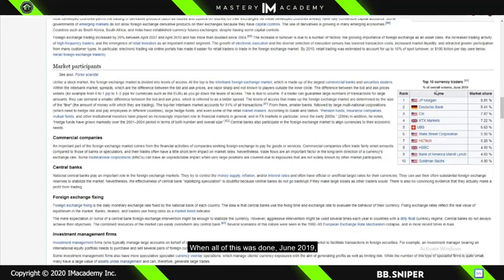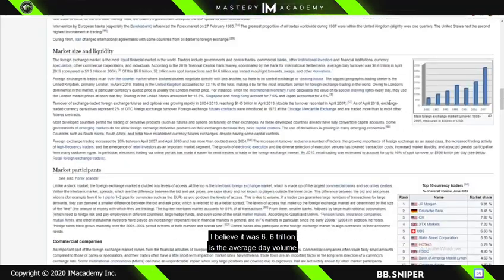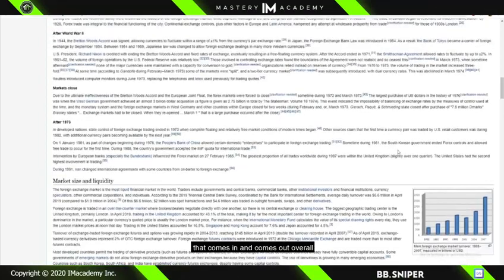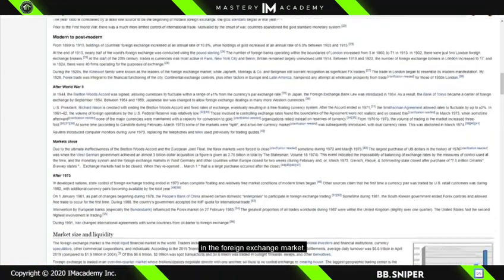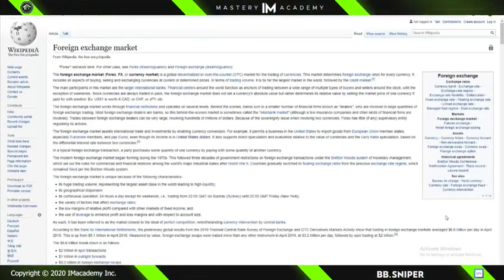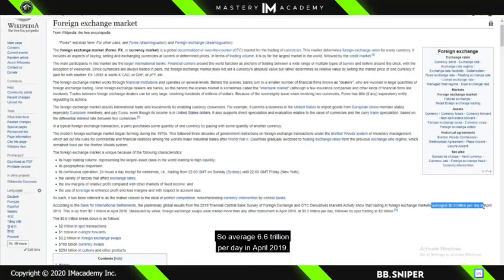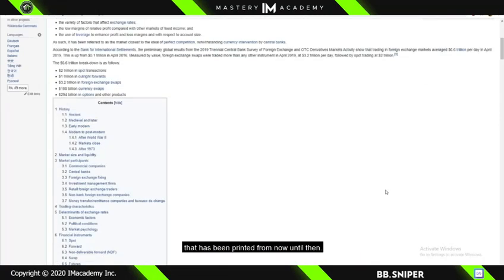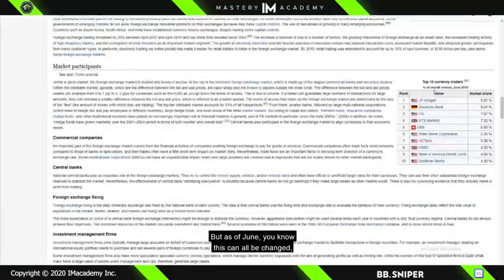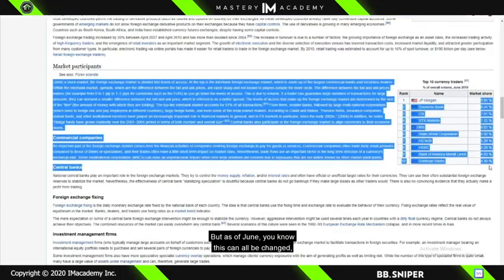I believe it was 6.6 trillion is the average daily volume that comes in and out of the foreign exchange market, average 6.6 trillion per day in April 2019. I'm sure it's up way more because of how much money has been printed since then, but as of that survey, this can all be changed.